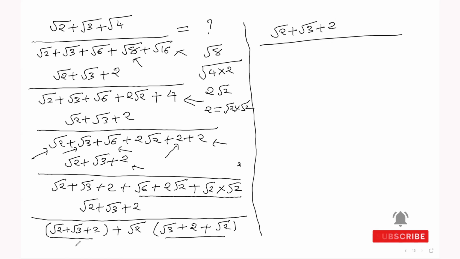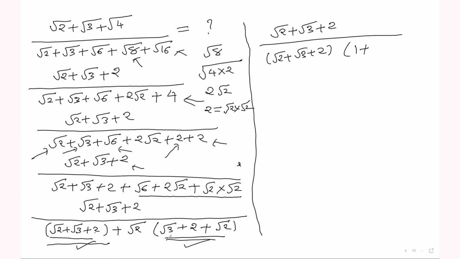I'm taking this bracket common, so that will be root 2 plus root 3 plus 2. So in this first term here, there's nothing left over, so it's just 1. In the second term, this is taken common, so leftover part is just root 2, so there will be just root 2 here. Now I can cancel the whole thing out, so that will give me 1 over 1 plus root 2.